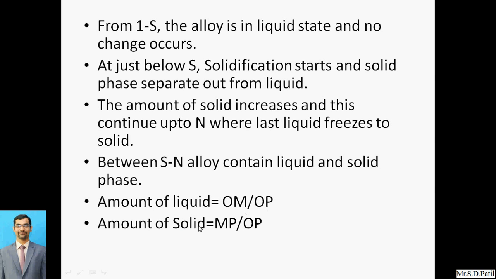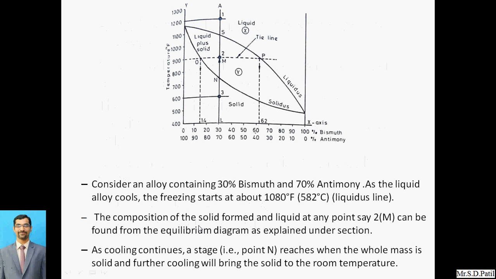Similarly, when we want to calculate the amount of solid, the solid will be present in this particular phase, and by the lever arm principle we have to consider the opposite arm, that is from the intersecting point to this particular section.